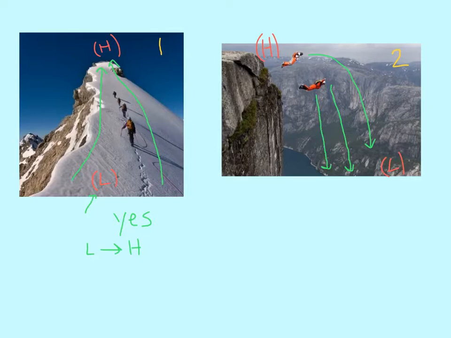What's the answer? The answer, of course, is no. It does not require any energy. Those guys do not have to flap their arms or do anything special in order to fall, because they are going from high to low. And that's just like diffusion. When you go from high to low, it does not require any energy. No energy is required.